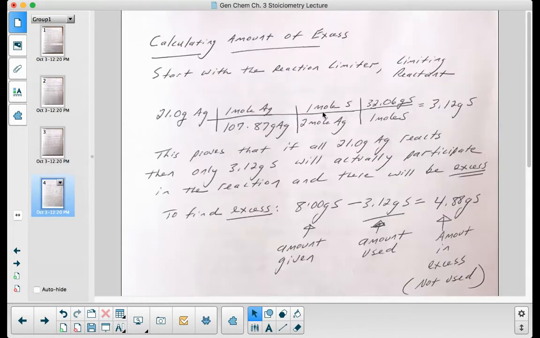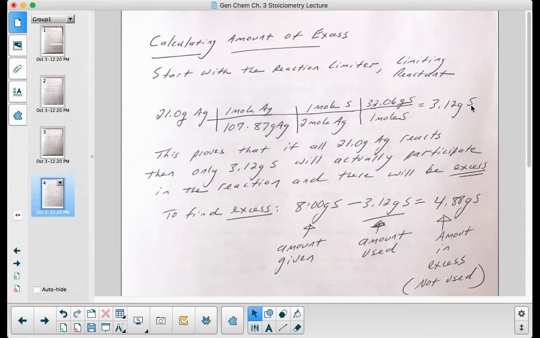What I know from the balanced equation is that there's 1 mole of sulfur for every 2 moles of silver. Then I would convert the moles of sulfur to grams of sulfur using the molar mass conversion, 32.06 grams of sulfur for every 1 mole, and I find 3.12 grams of sulfur.